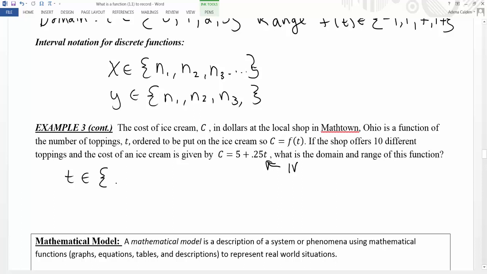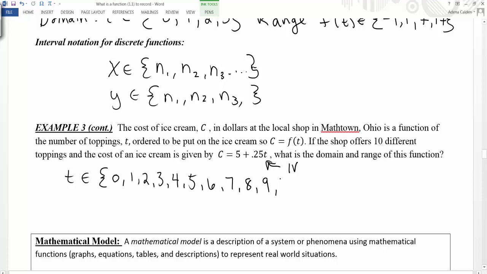And we also, if we wanted to, could get 0 toppings if we weren't that interested in what they were offering. So our values here are going to be 0, 1, 2, 3, 4, 5, 6, 7, 8, 9, 10. So those are the values that t can take on. So that's going to be our domain, and that's how we can write it.